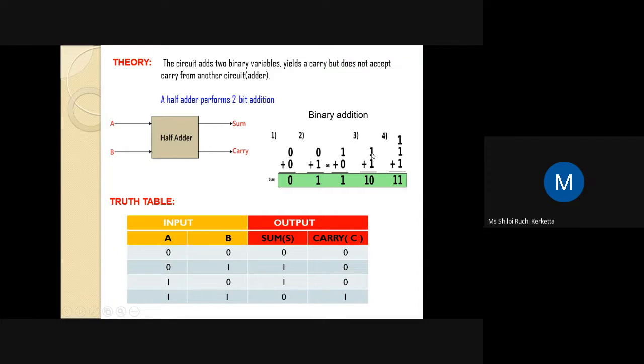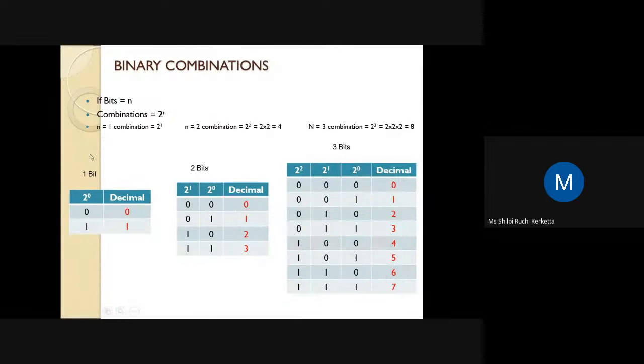Why do we get 1 plus 1 as 1, 0? Because 1 plus 1 is 2. If we convert this binary into decimal, what does 0, 0 mean? It means 0 into 2 to the power 0. We start writing from 2 to the power 0, and then 2 to the power 1, for converting from binary to decimal.